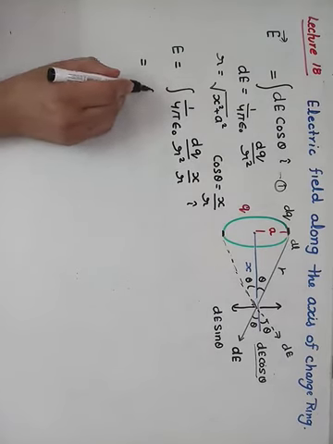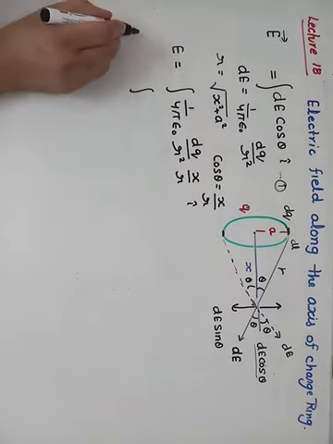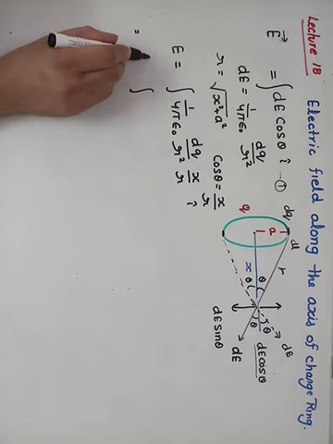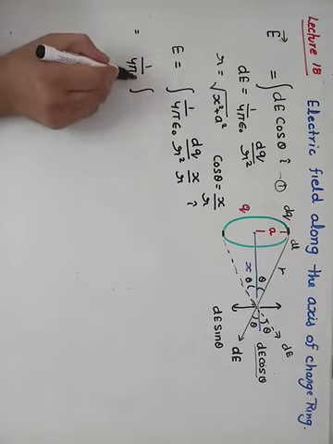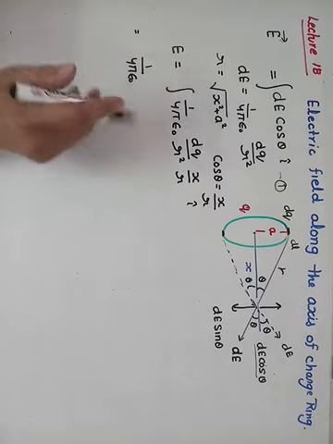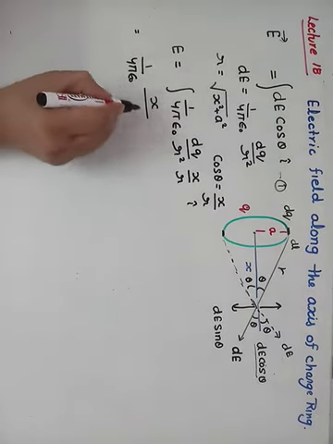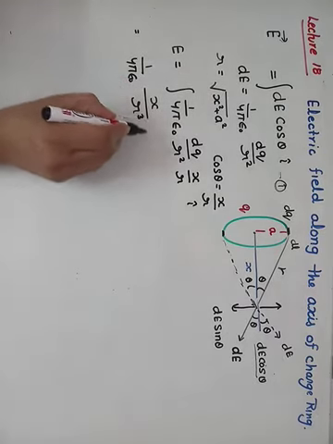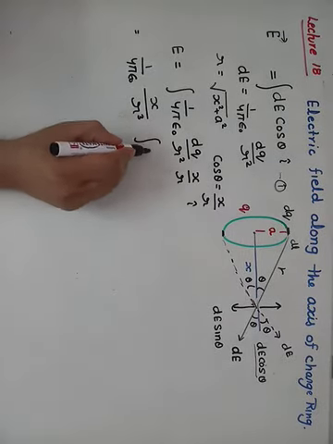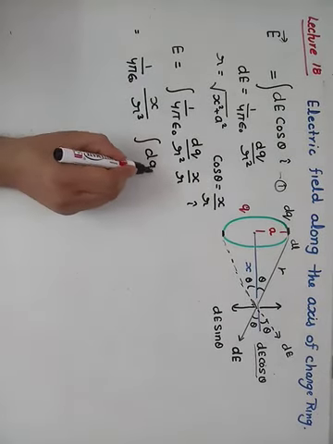This is equal to, we can take 1 upon 4 pi epsilon naught outside. x we can also take outside, and R cube is also constant. We are using a very simple integration, we integrate only dq.